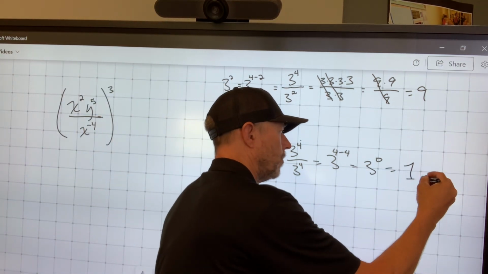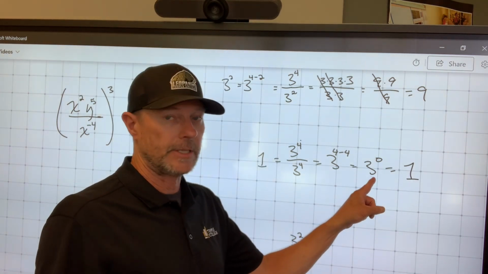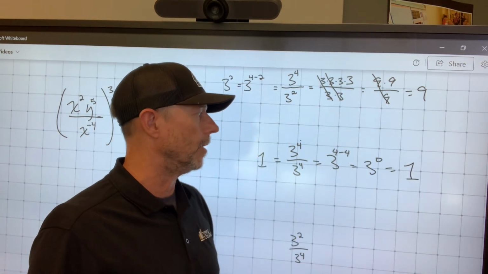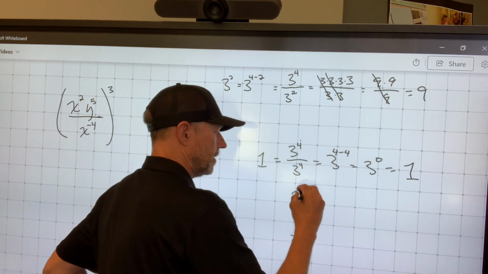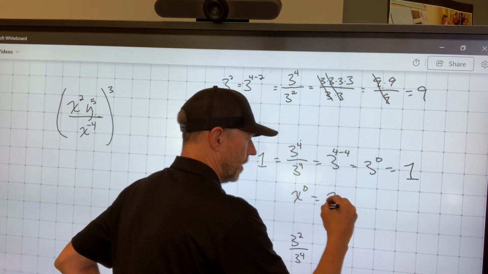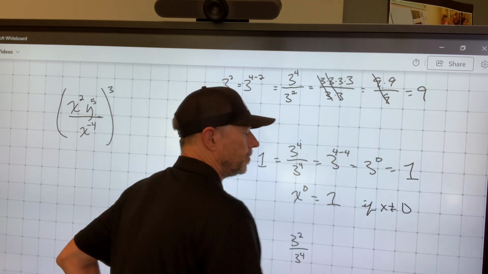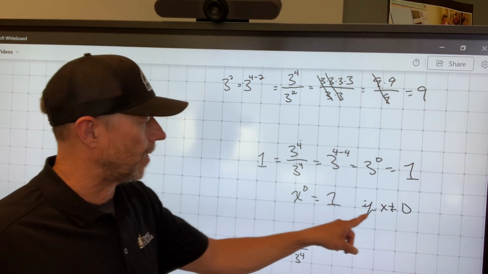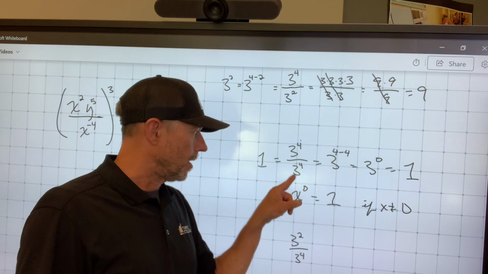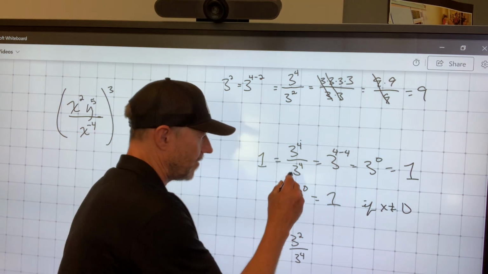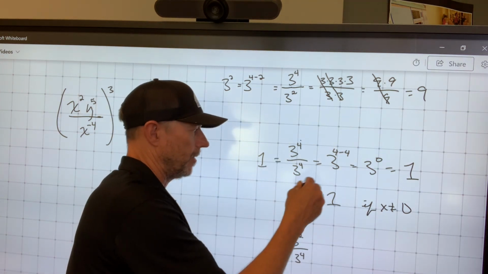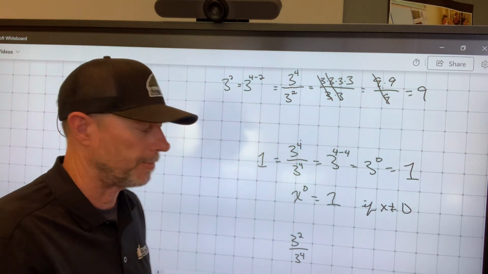And in fact, we say any number other than 0 that's raised to the 0 power is 1. So the rule is x to the 0 equals 1 if x does not equal 0. And the reason why x can't be 0 is it's coming from this expression, and if I had 0 to the 4, that would not be defined if it was in the denominator.